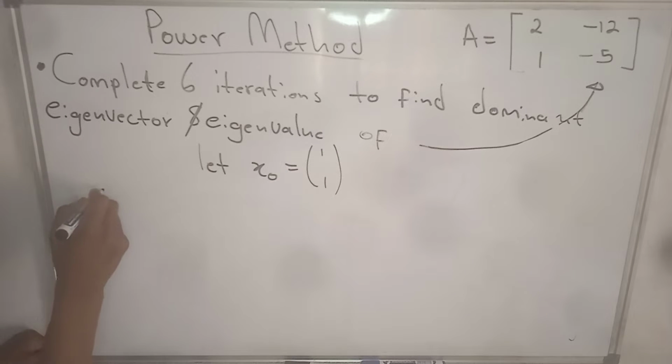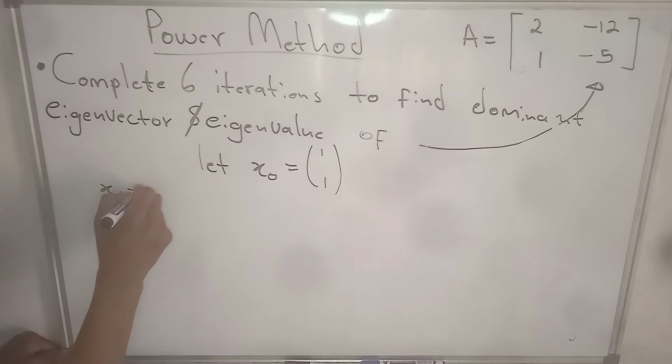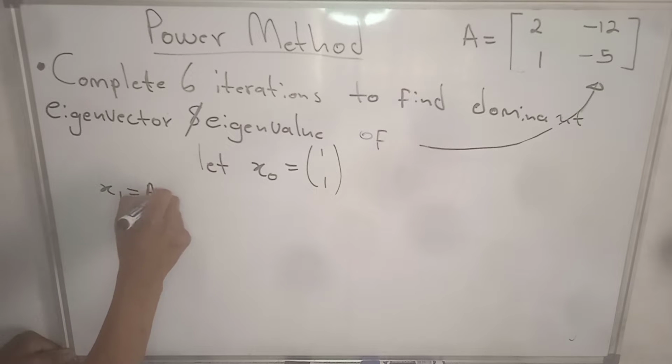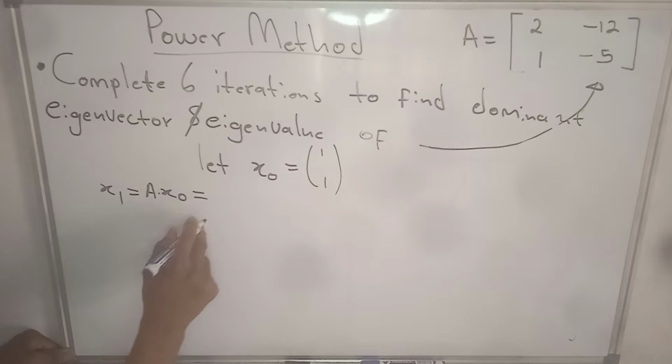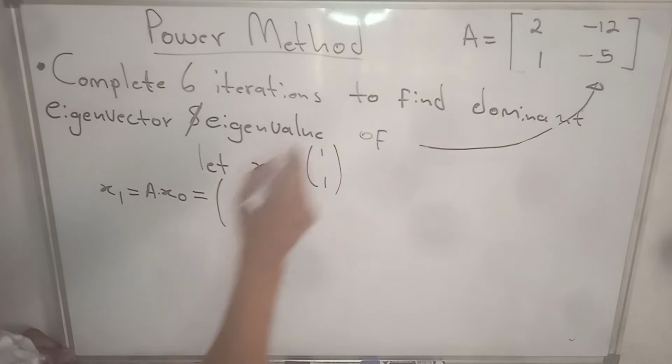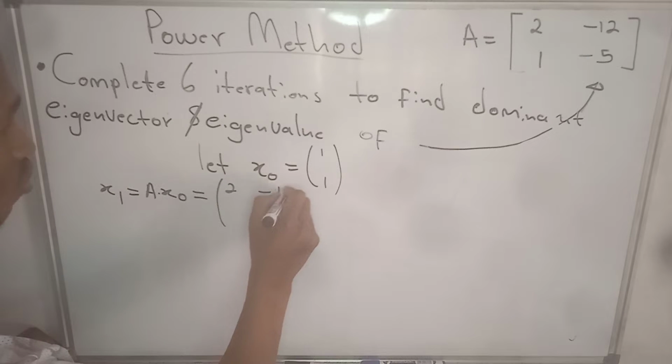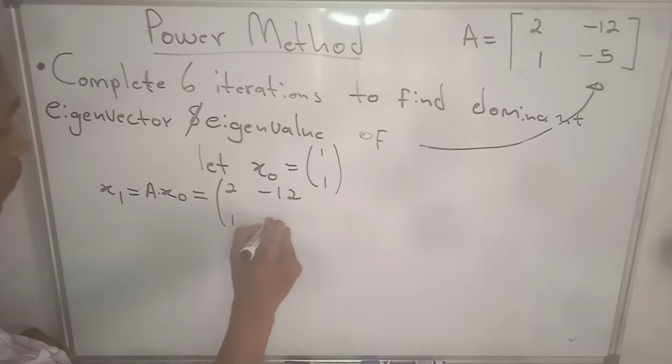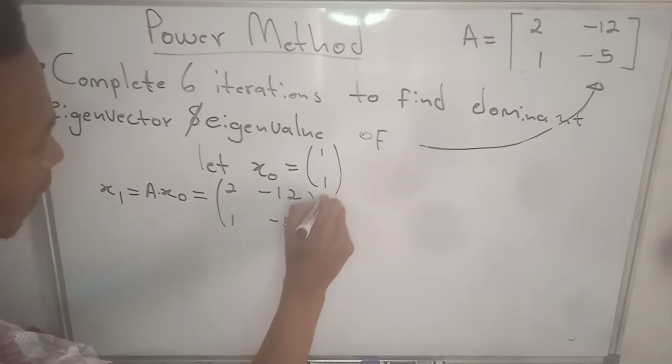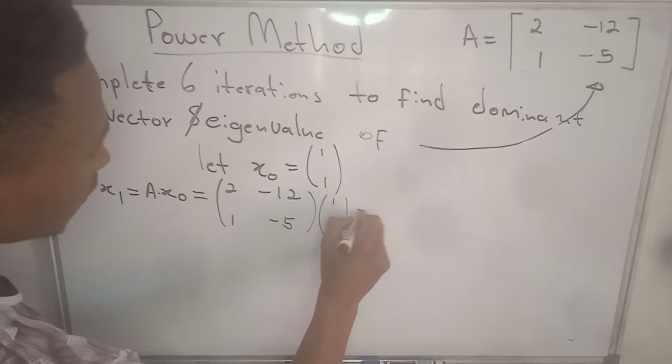We say x1 equals A times x0, which is the original matrix [2, -12; 1, -5] times [1, 1].